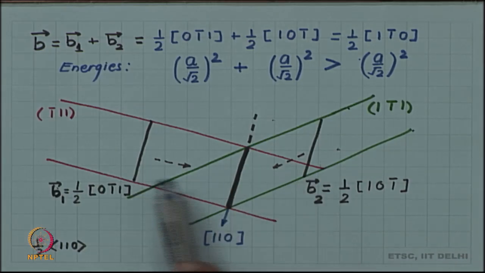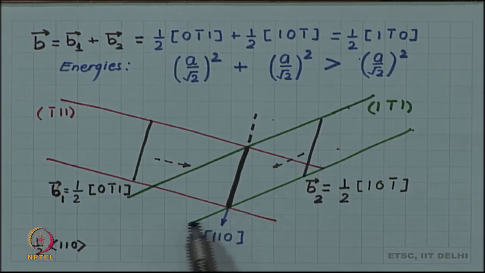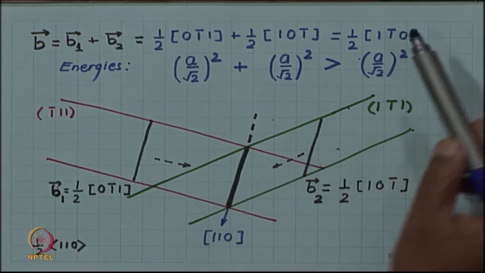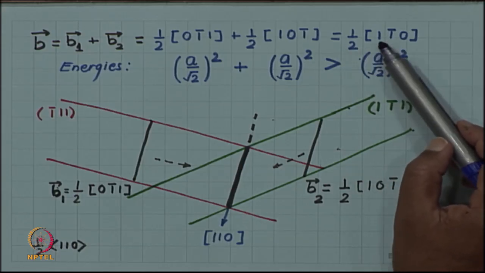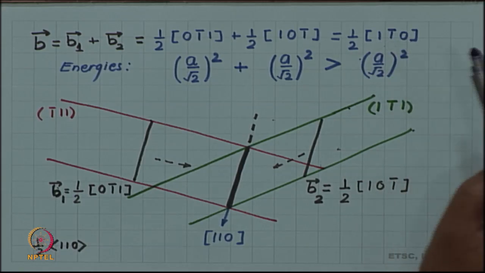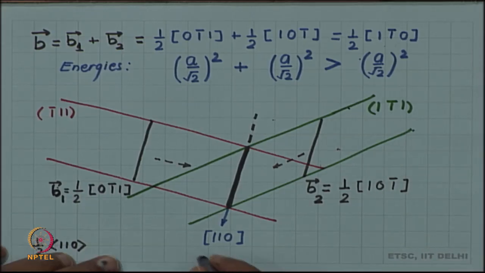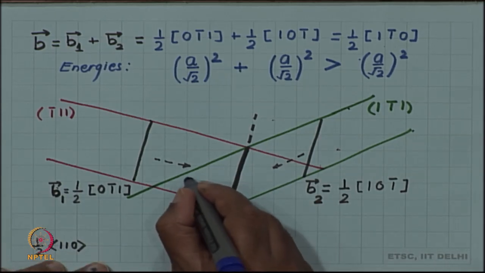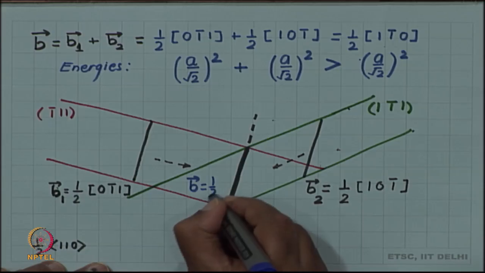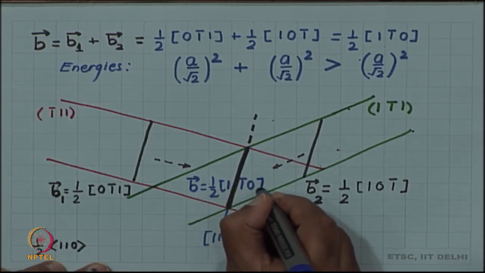These two dislocations are attracted to each other and they will like to combine, and they have combined and formed a new dislocation line of Burgers vector half 1 bar 1 0.